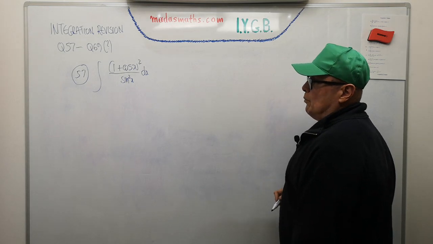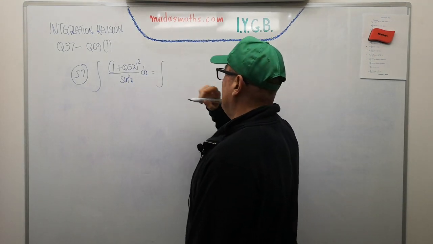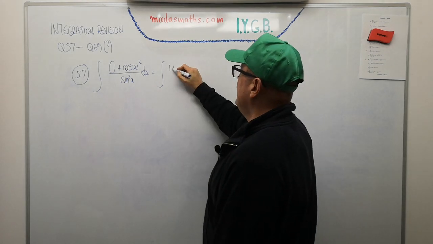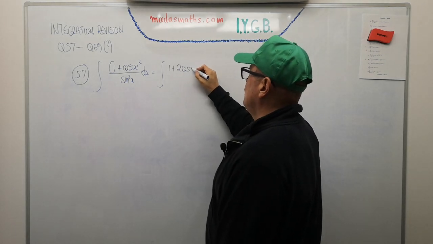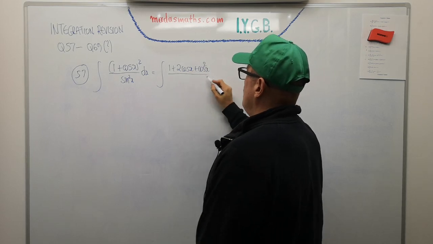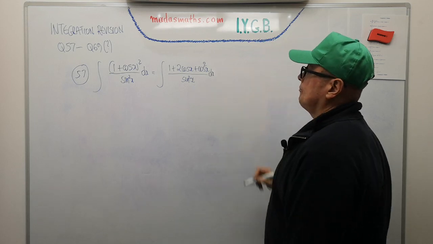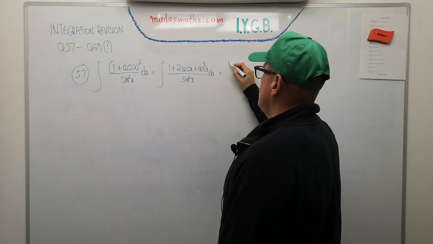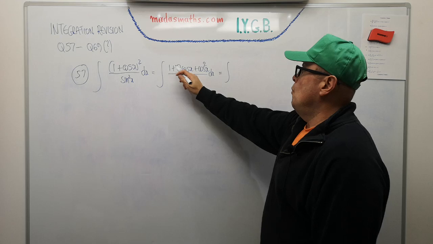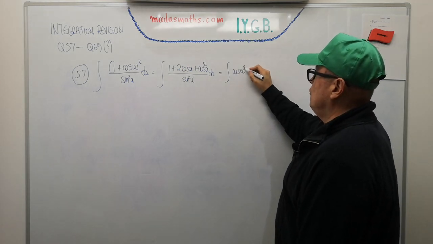Well, quite obviously we're going to expand the bracket and split the fraction. So I'm going to do that very quickly. 1 plus 2 cos x plus cos squared of x, over sine squared of x, dx. And I'm going to split the fraction, not showing an in-between step. 1 divided by sine squared, I'm going to write as cosec squared of x.